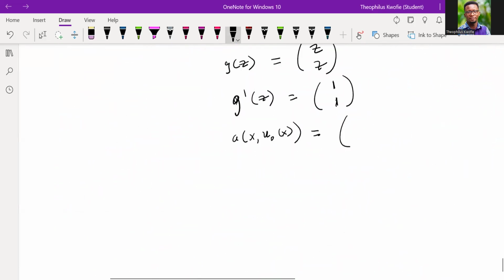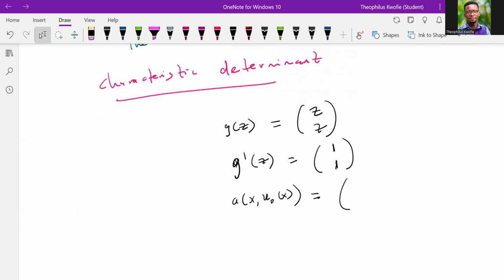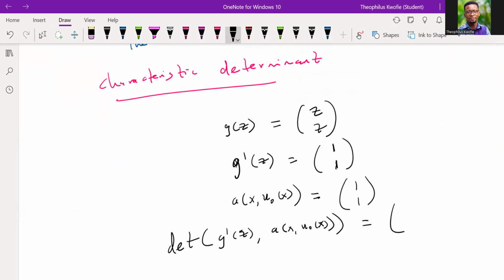Then afterwards, we just have to find the determinant of G prime of Z and A of X, U naught of X. So then we're going to have 1, 1, okay? Then we find the determinant of that.